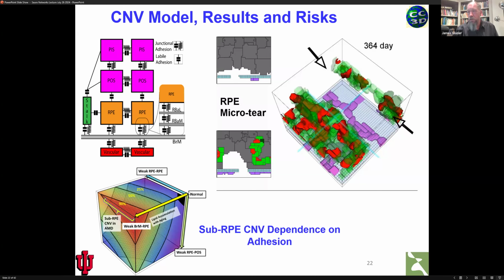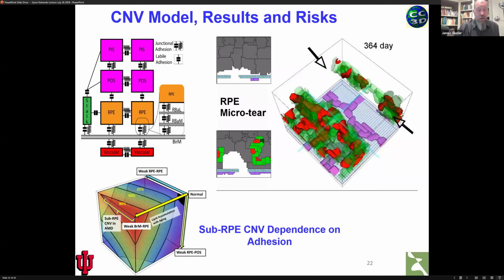So normal here is in this top right corner. In the normal retina, the blood vessels never invade. And now we're going to perturb particular aspects of the retina to understand why invasion happens and where it happens.